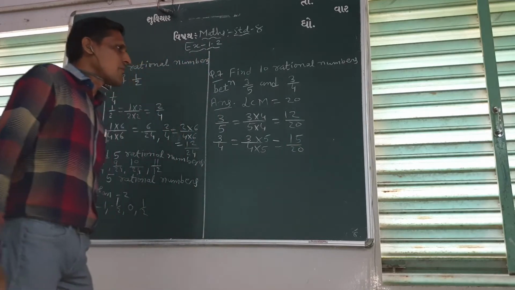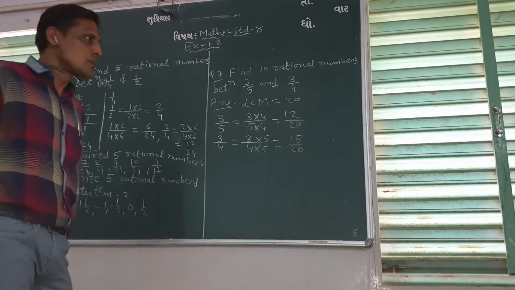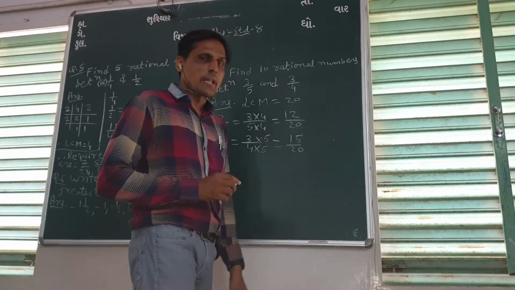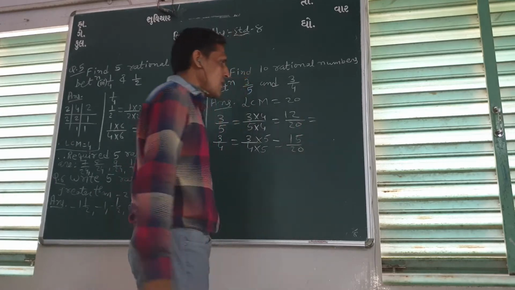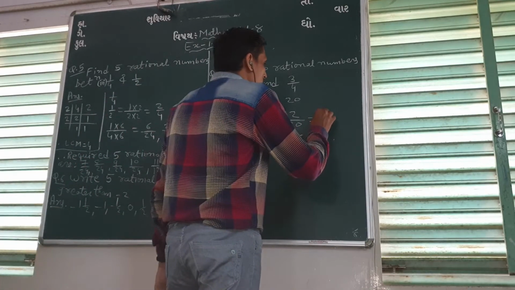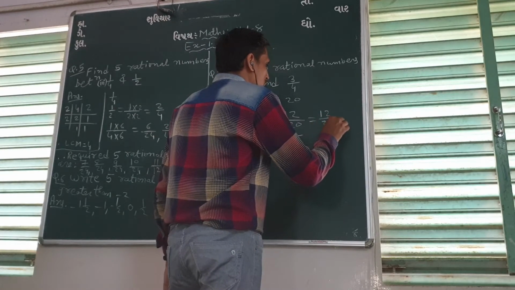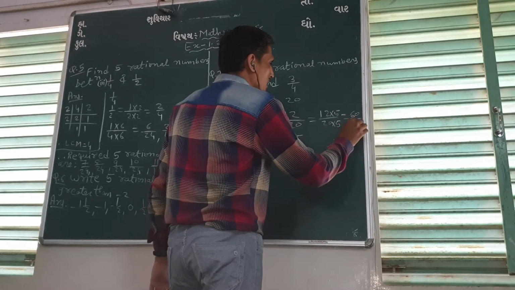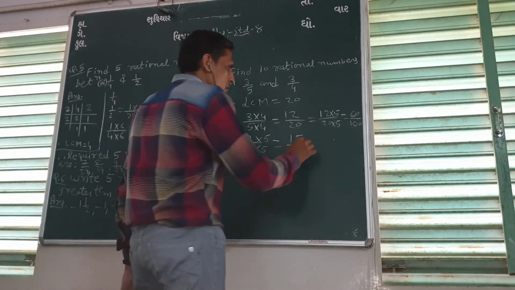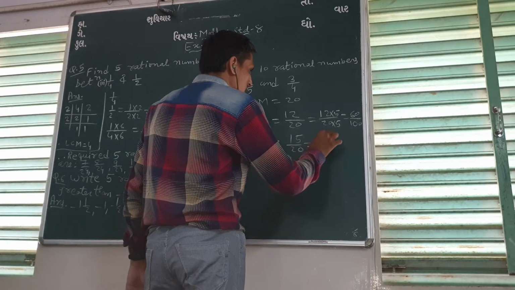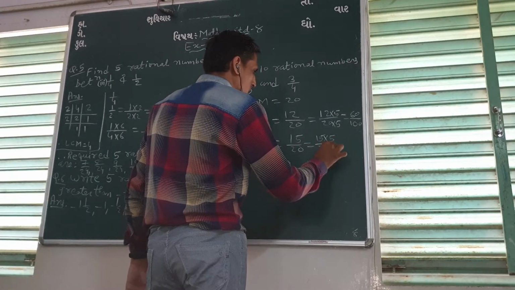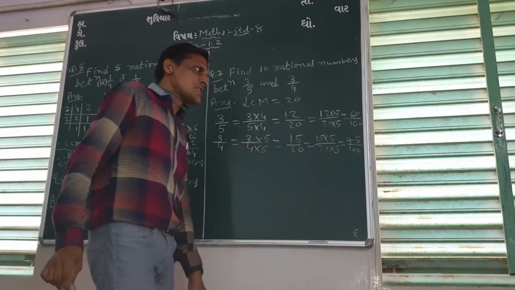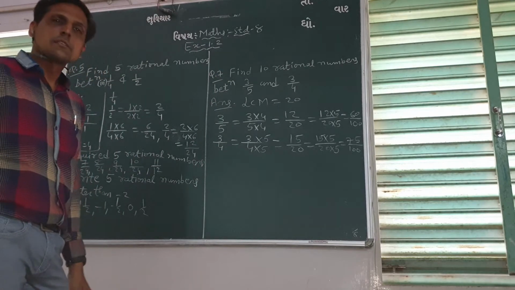Now between 12 and 15 we don't have 10 rational numbers, so we will multiply both by 5. 12 by 20 into 5 gives 60 by 100. Then 15 by 20 multiplied by 5 gives 75 by 100. So between 60 and 75 we have 10 rational numbers.